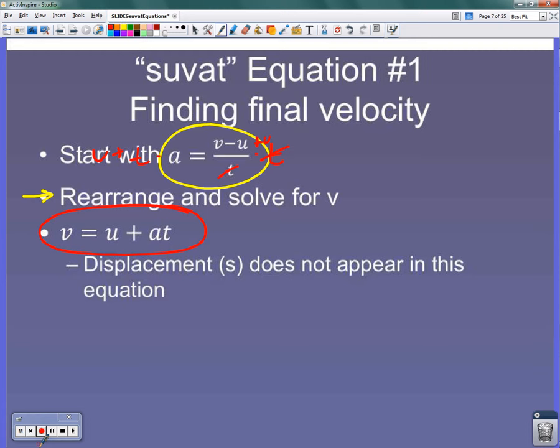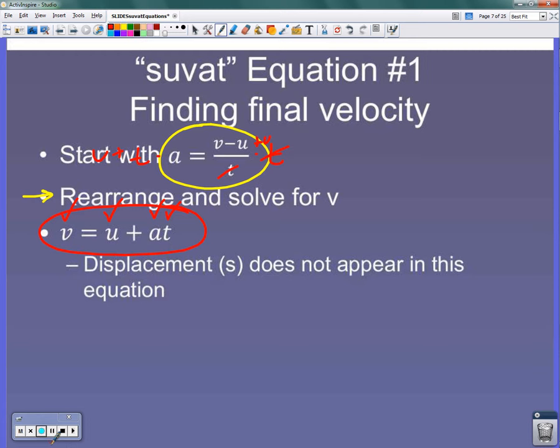It deals with figuring out how fast something is going after a certain amount of time if we know the initial velocity, or how fast it was going initially, and how quickly it was accelerating. So here we're talking about trying to find the final velocity of something.